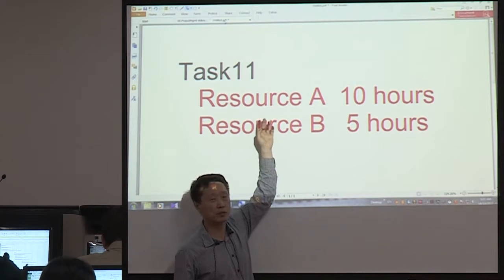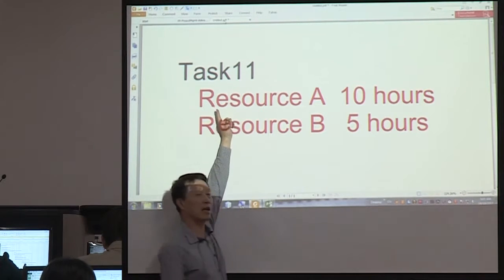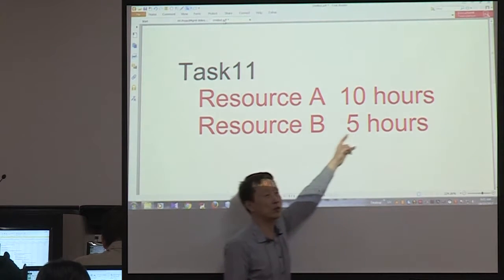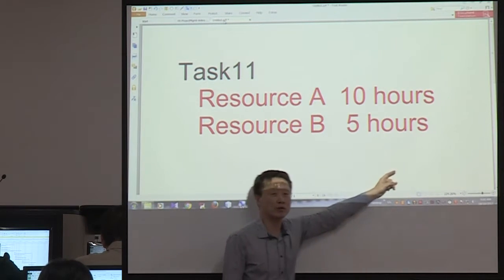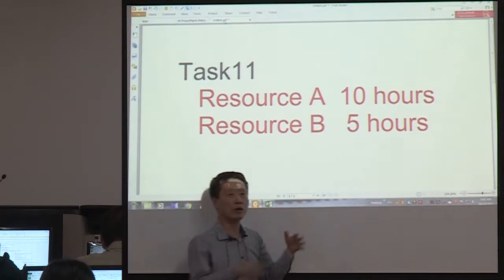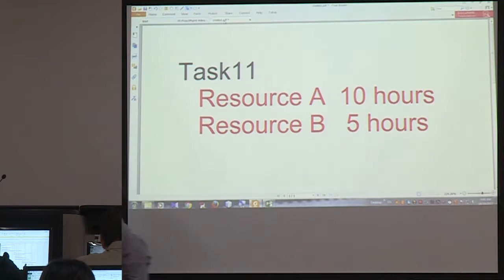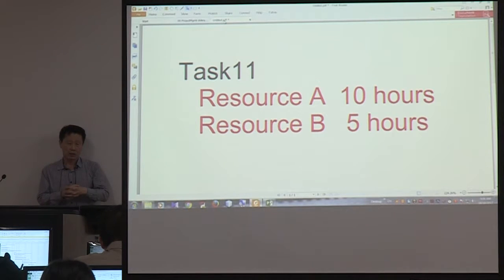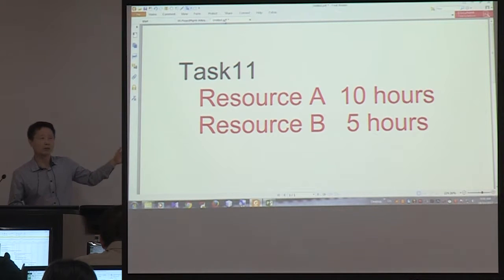So, for example, for this week, for task 11, resource A worked 10 hours, resource B 5 hours, resource C 7 hours, things like that. So you collect those data and enter them into this plan. That is the most difficult level of tracking a project, but it will obviously be the most accurate way of tracking a project.